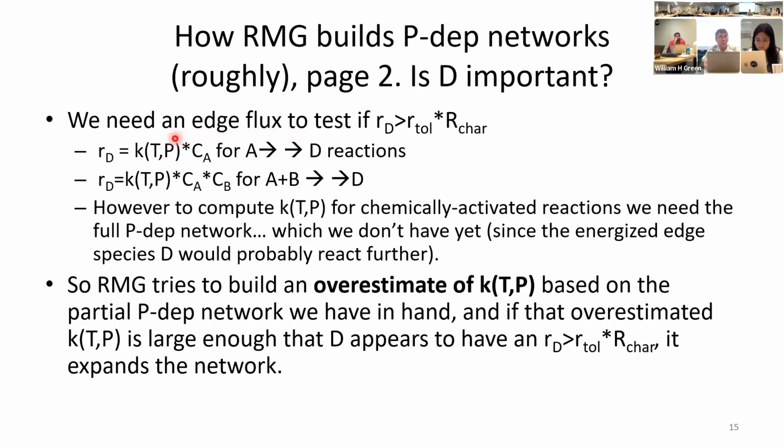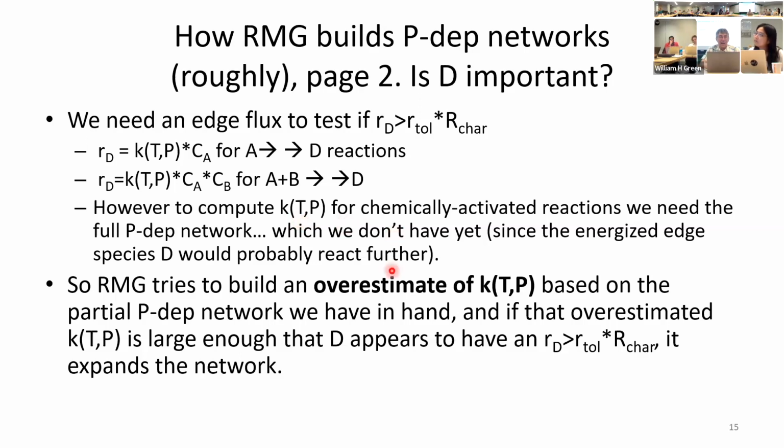And so we need to estimate the rate of formation of this species from the A jump through C star gets to D reaction. Actually, it gets through C star and D star to get to D. And I need to have some K, but I can't compute K because I don't have the whole network yet, so I can't form the population balance equations properly to get it.